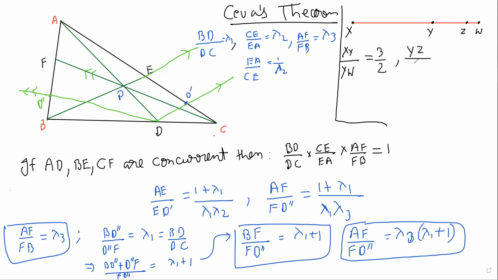Suppose I also told you that yz by zw is equal to 5 by 2. Now my question is, how would you go about finding xy by yz? First of all, you should try to see whether it is possible to find it, and try to find it.